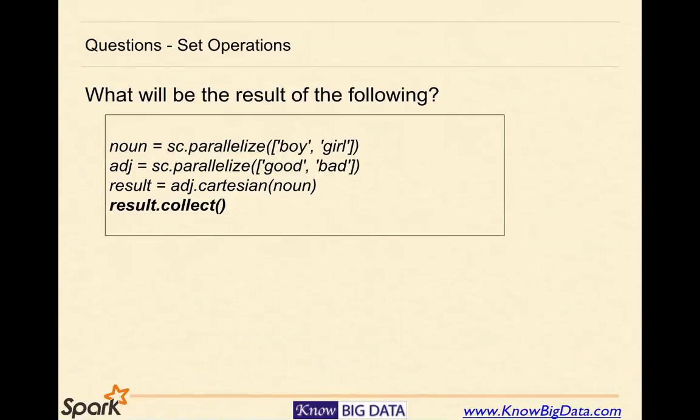Okay, so what will be the output of boy, girl, Cartesian with good, bad? Sapna's question is, can we sort here? Yes, you can definitely sort. Okay, quickly. Yes, that's right, Saptrishi.